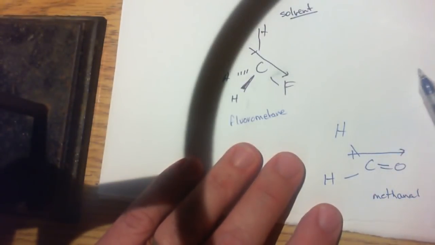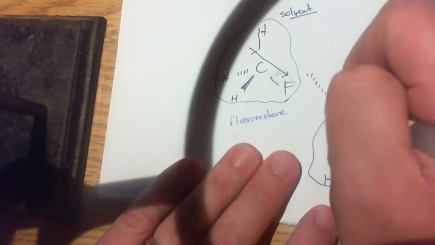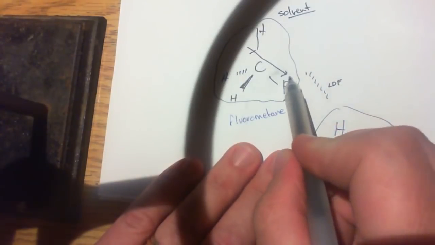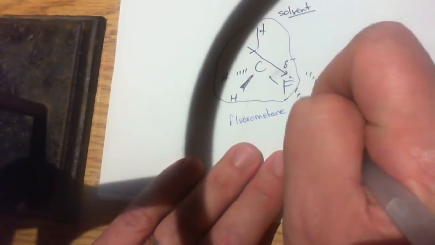So now the question is, what kind of attractions will form between these two molecules? Well, since they're both polar, we're going to get our London forces like we would expect. So we have our London dispersion forces, just like we would. And then because they're polar, the slightly negative end of this molecule will be attracted to the slightly positive end of that molecule.